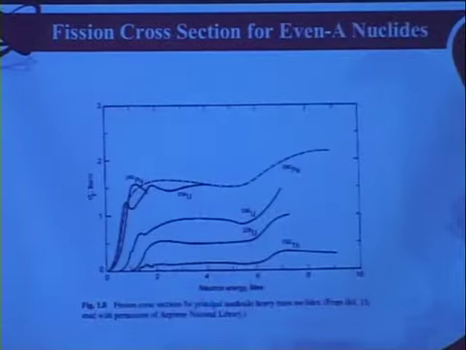Now, if you look at the fission cross-section, for example, for several of the non-fissile, which we called last time fissionable, thorium, uranium-238, uranium-236, uranium-234, plutonium-242, all of them have the threshold energy here.